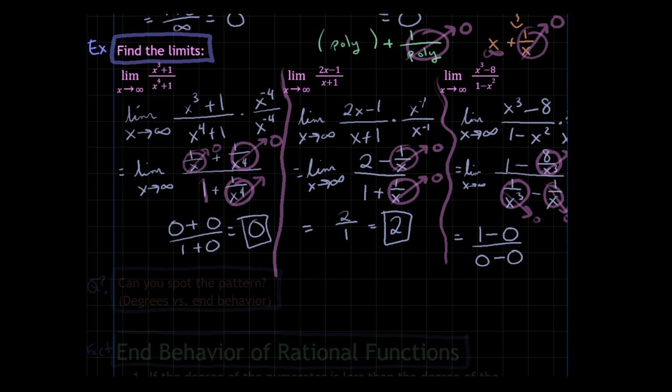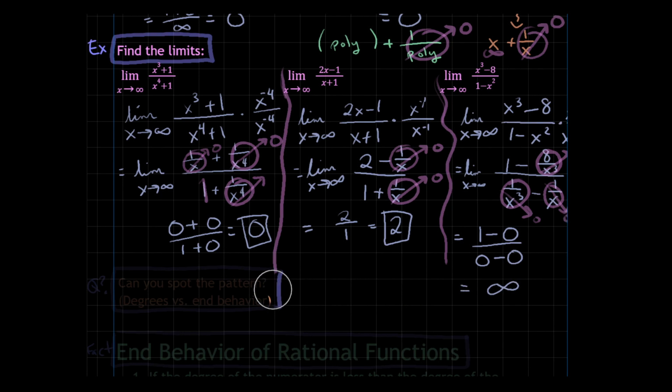And when x is going to infinity, when you're thinking about end behavior, it is okay to have zeros in the denominator as long as your numerator is finite. Because what's happening, as the denominator approaches 0, what you're doing is 1 over a small number, which is a large number. That goes to infinity.